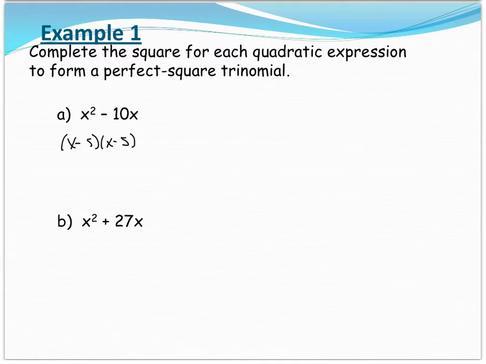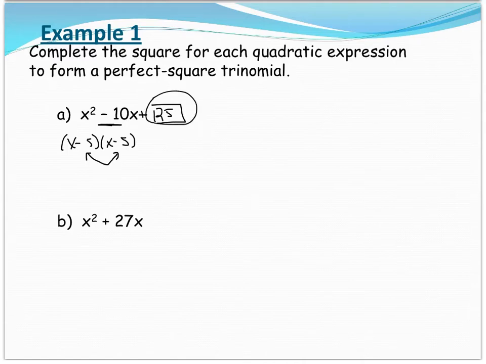The reason is that negative 5 plus negative 5 is negative 10. Working backwards, looking at the factored term, we know that the constant is created by multiplying these two together. So that would be 25. So for this basic example, 25 is our answer.